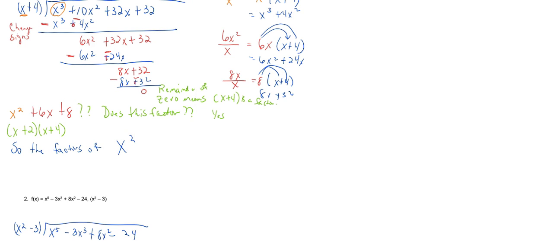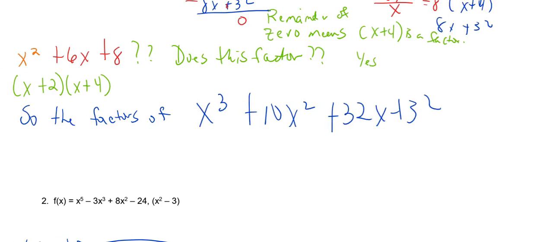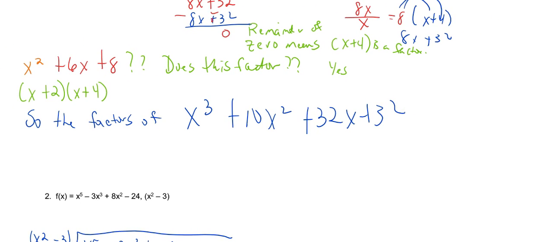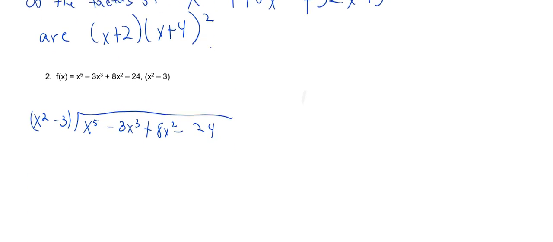The factors of x cubed plus 10x squared plus 32x plus 32 happen to be x plus 2 times x plus 4 squared. The x plus 4 is the one in green, and then the one from our original, so we have a double root at x plus 4.